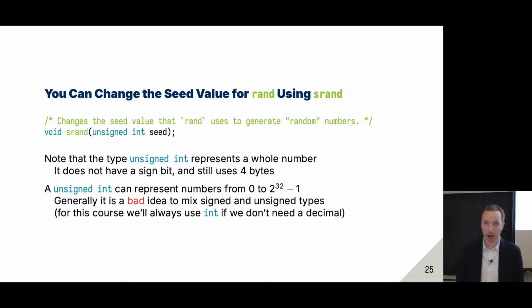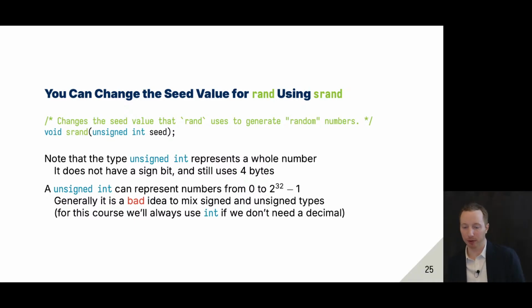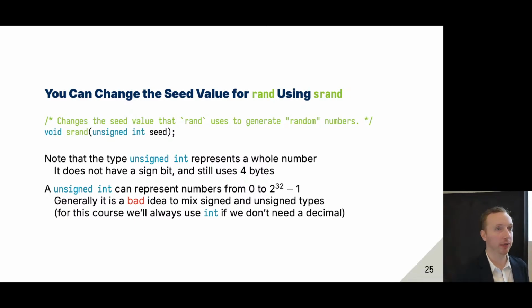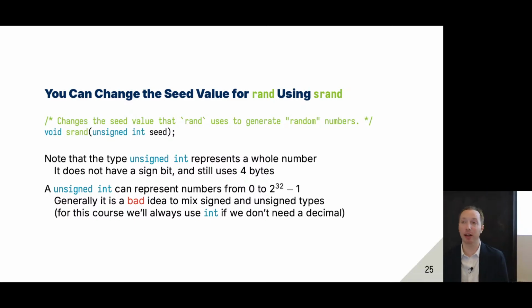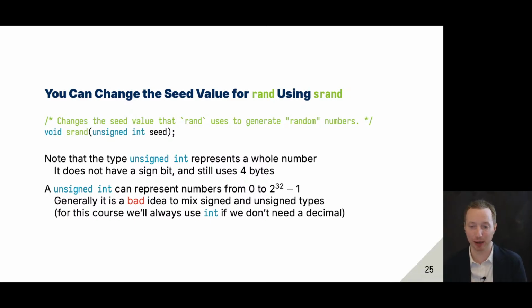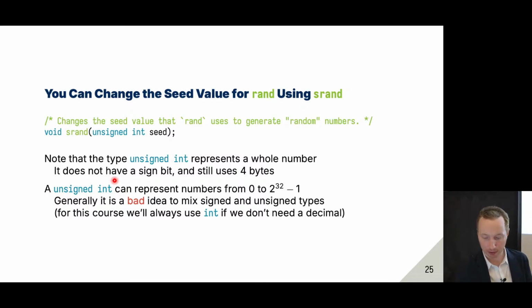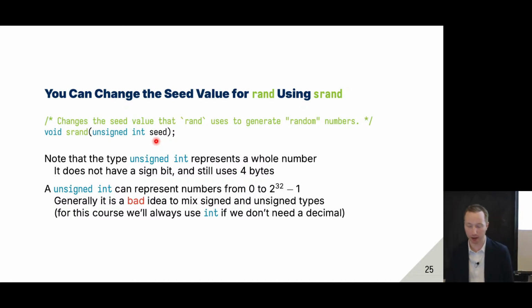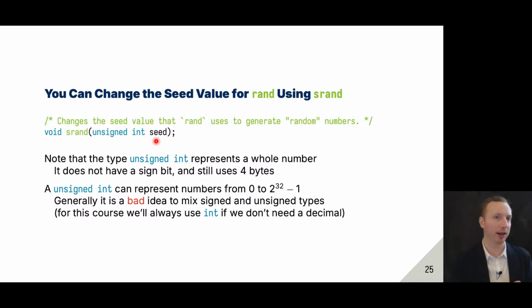So if we want to get a different sequence of random numbers, you can change the seed value for rand using, well, something they cleverly named srand. The function signature for srand is void, so it gives no output, and it takes an unsigned int seed as an argument, and that unsigned is a new thing.